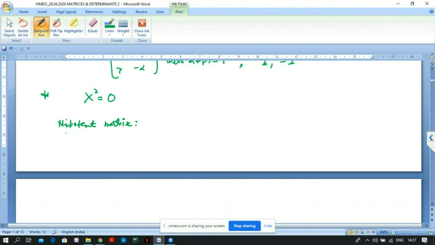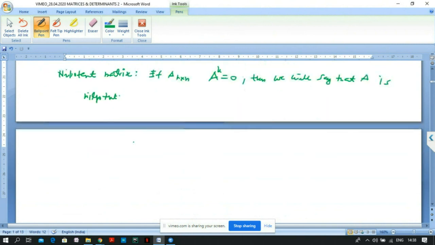We say that if A, n by n, is a matrix such that A to the power k equal to 0 for some k, then we will say that A is nilpotent.